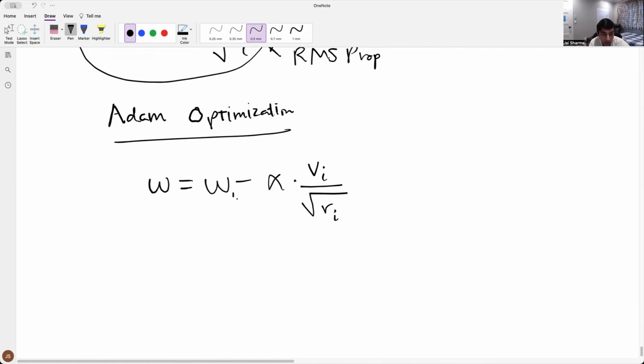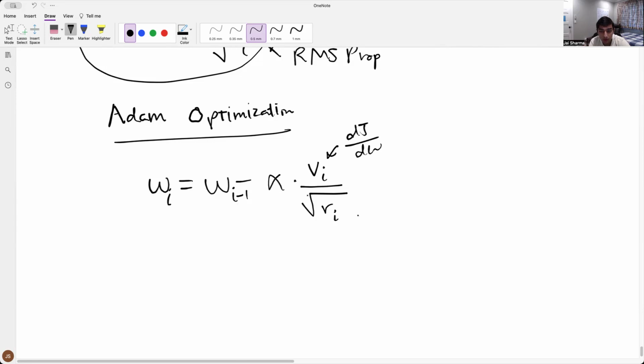And let's say this is, yep, so this should be correct, I think. Yeah. So if you were trying to figure out the W for a particular time step, you use the value at the previous time step, you subtract alpha times Vi, which is essentially our way of guessing what is the value of dJdW.